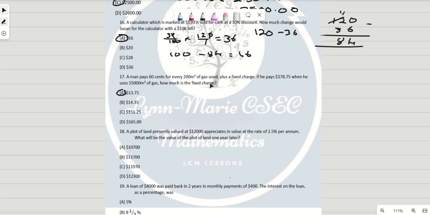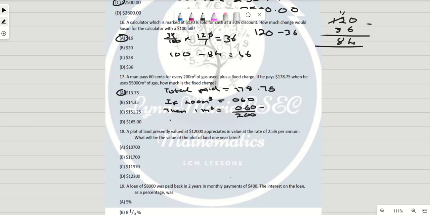But let's prove it. First off, the total paid is equal to $178.75. Right? They said that if 200 meters cube is equal to 0.60, then 1 meter cube would be 0.60 divided over 200.